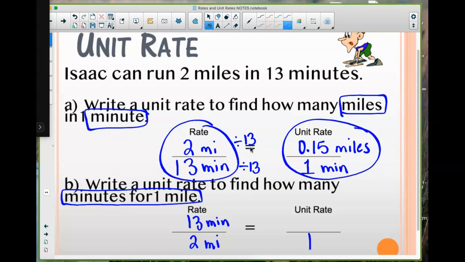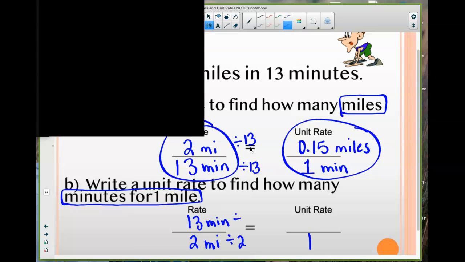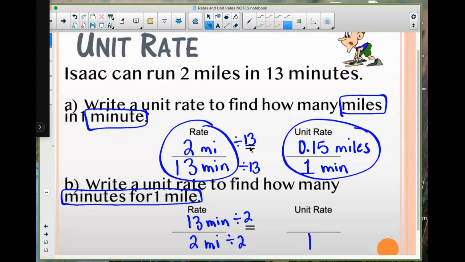So what do I divide by this time? What should I divide by? I would divide by 2, absolutely. Okay, you always end up dividing by whatever is on the bottom. So we're going to do 13 divided by 2, which is 6.5. Okay, so it's 6.5 minutes per mile.